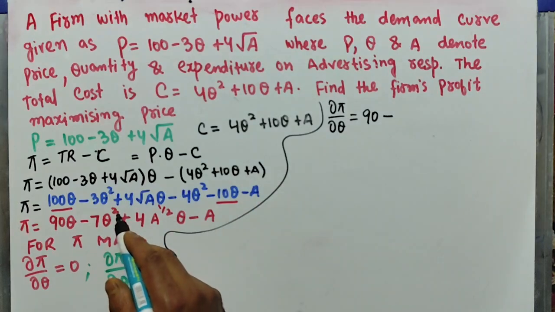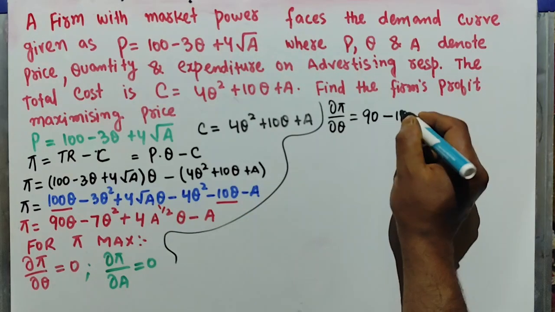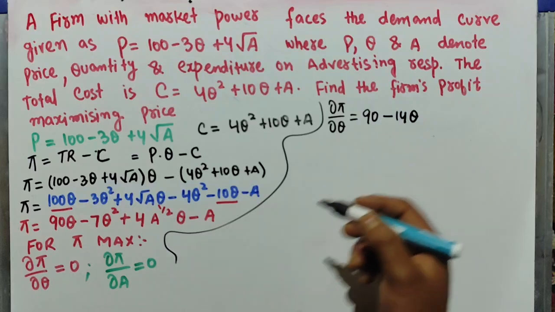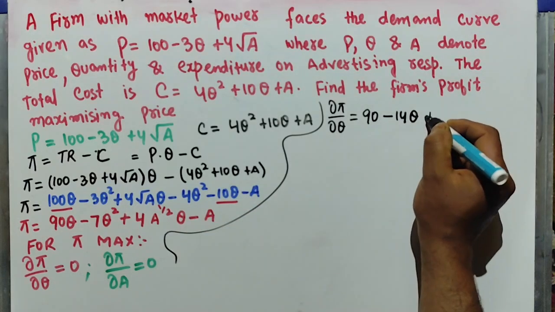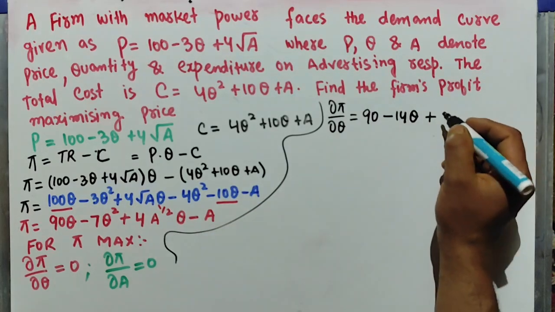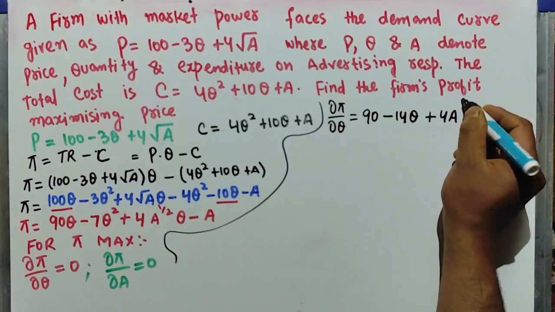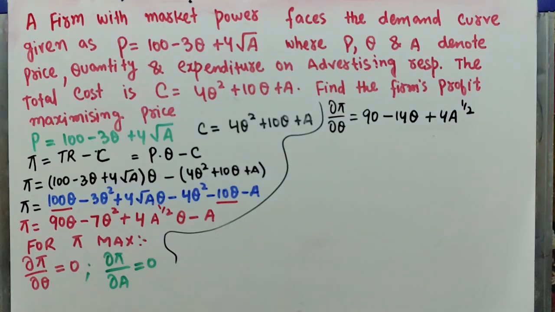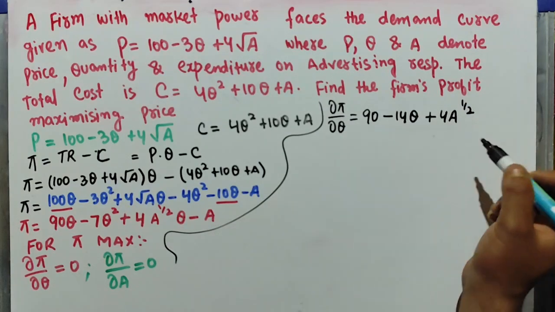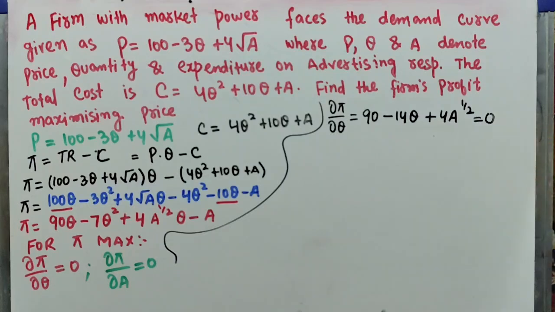Derivative of q square is 2q, so 2 into 7 is 14q by the power function rule. Derivative of q in the third term is 1, so we are left with 4 A raised to power 1 upon 2. The derivative of A is a constant with respect to q, so it is 0. We set this equal to 0.